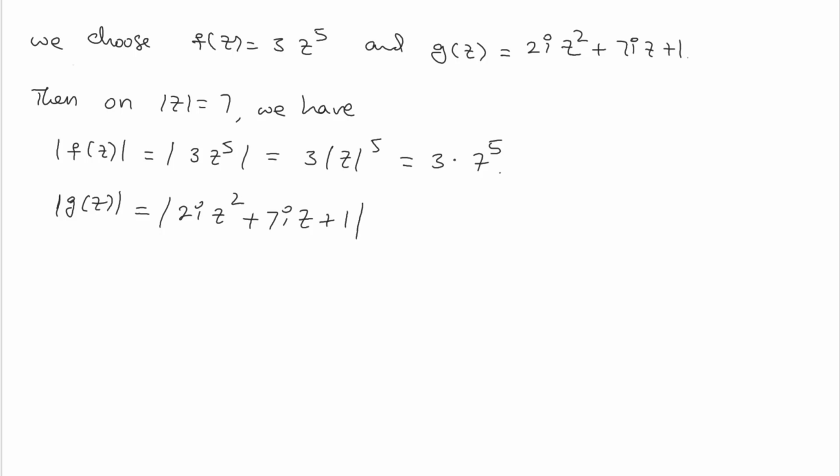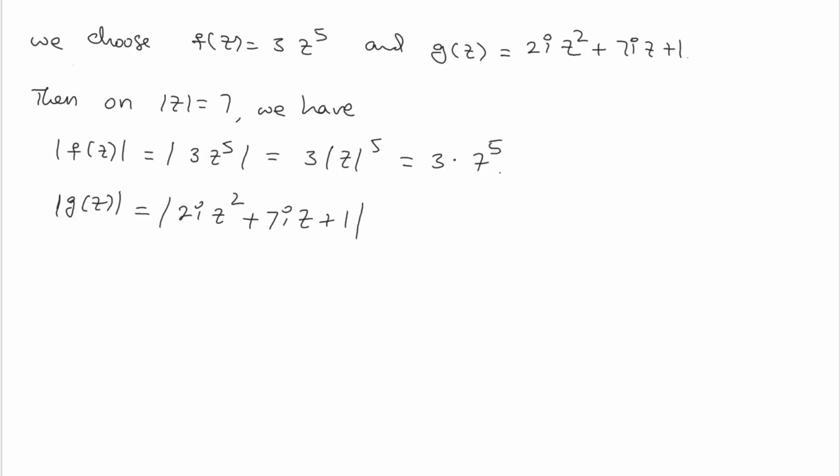For the function f of z, since there is only one term, we can easily calculate the exact absolute value. But for the function g of z, since there are three terms, we calculate an upper bound on the circle mod z is equal to 7.